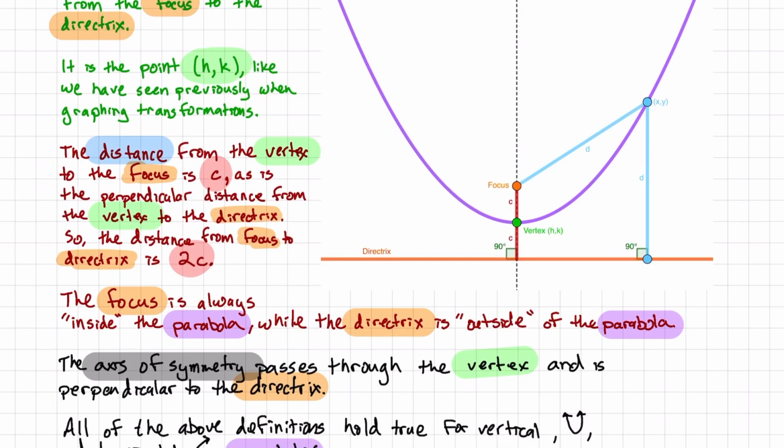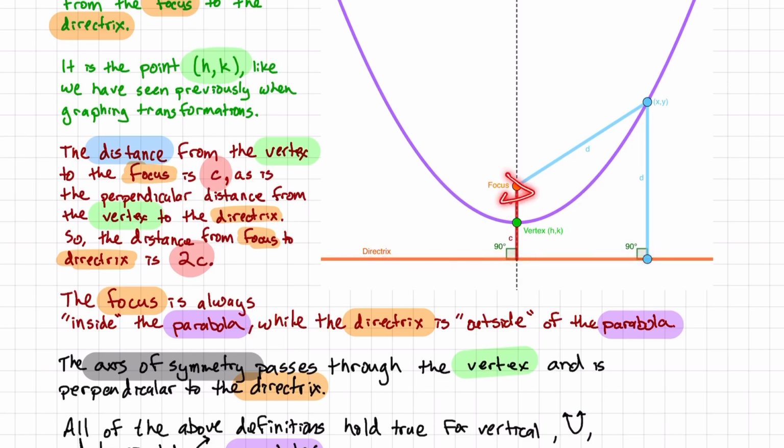And so then the distance from the focus to the vertex we call c, as well as the distance from the vertex to the directrix we call c. Because remember, the vertex is the midpoint between the focus and the directrix. So this total distance here is 2c. The focus is always inside the parabola, while the directrix is always outside the parabola.